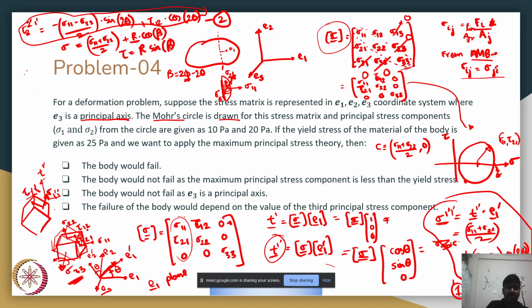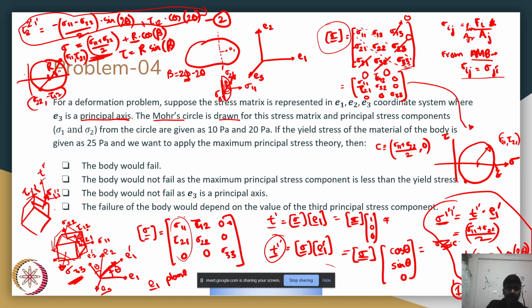This is the basic idea behind Mohr's circle, and it gives you something like this. Your center is sigma 11 plus sigma 22 by 2, you have some radius, and your points are sigma 11 comma tau 21, and another point would be sigma 22 comma minus tau 12.